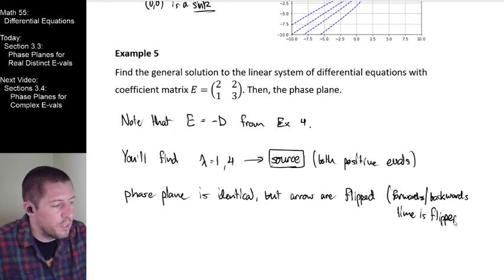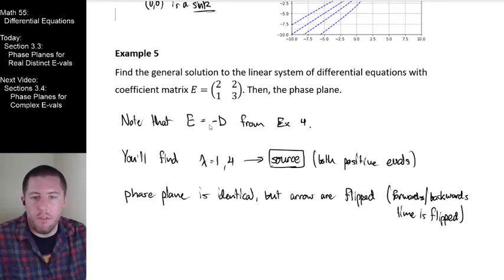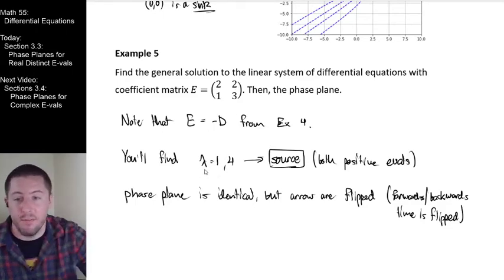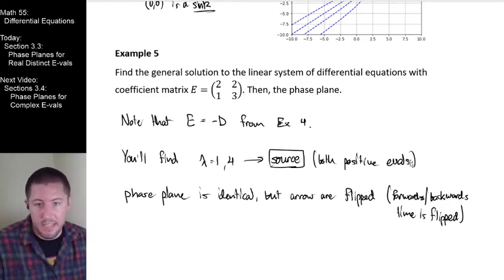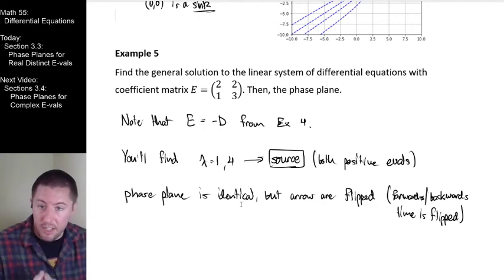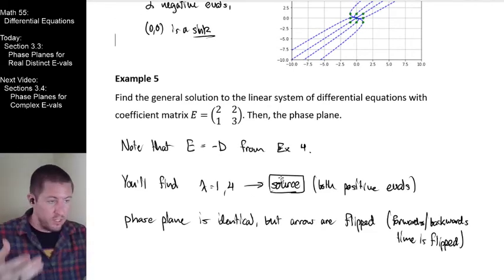So I'm not even going to do this problem. I'm just going to say, obviously, these coefficients are just the negative of the coefficients from the previous problem. If you do the math, you're going to find that our eigenvalues are 1 and 4 instead of -1 and -4. Our eigenvectors are going to be the same. Our phase plane is going to be identical, except if we draw the arrows, all the arrows should be moving away from the origin instead of towards the origin.